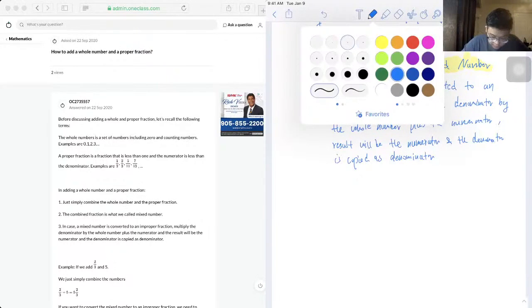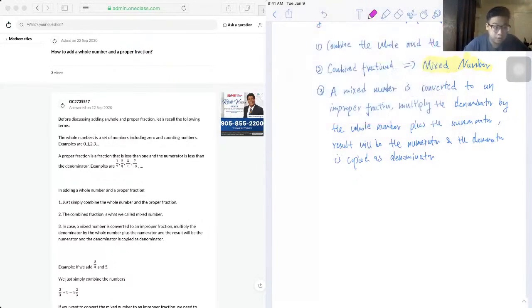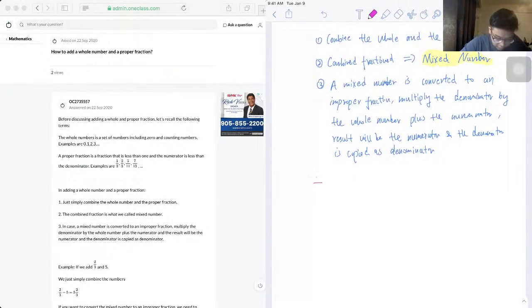Let's just see the junior tutor's example. So we had 2/3 and 5. We just simply combine the numbers first. So 2/3 plus 5, we'll write it as 5 and 2/3.